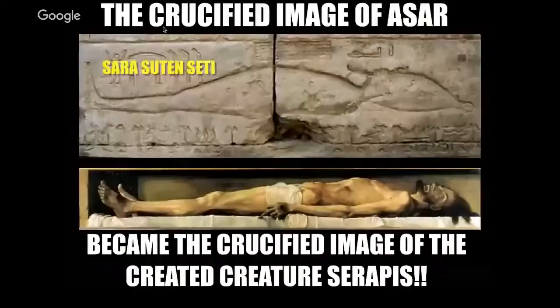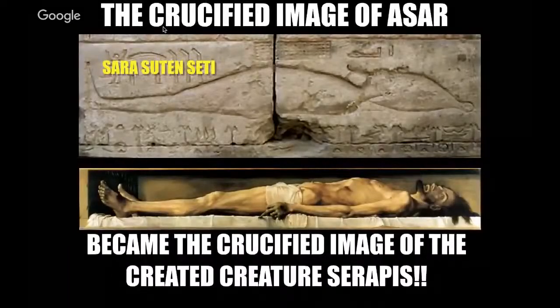So you got to see when they come up, here you're Catholic. You see, this is your Catholic Jesus. And you see him right there, immolated. You understand? When Serapis became the crucified image, Sara became the crucified image of the created creature Serapis. That's all that it is.